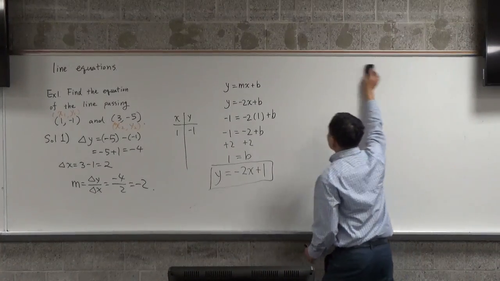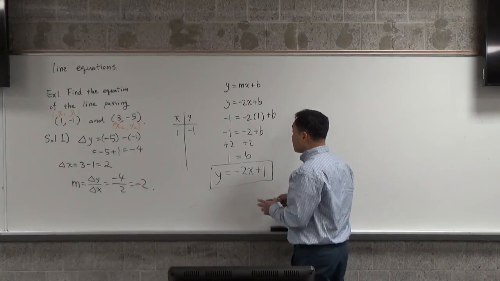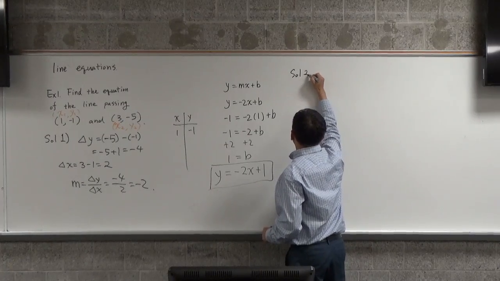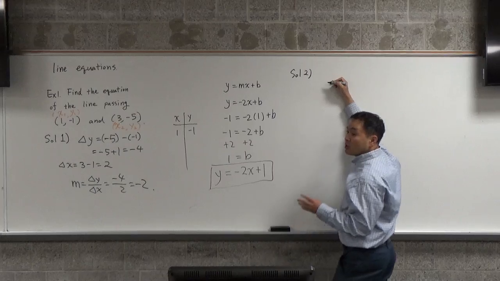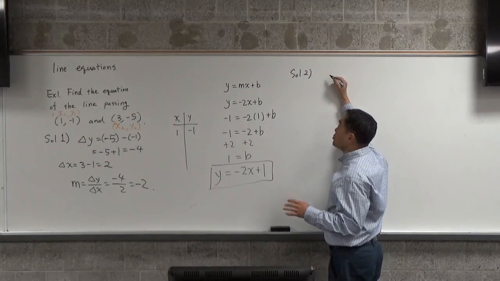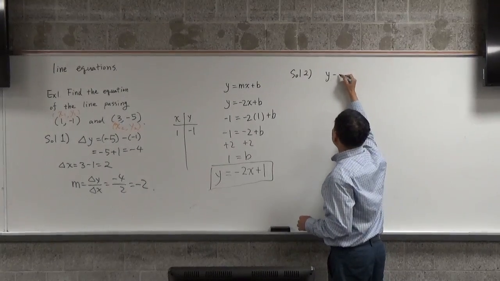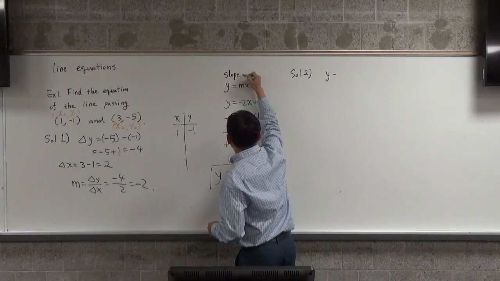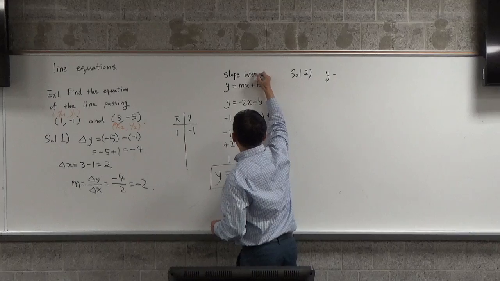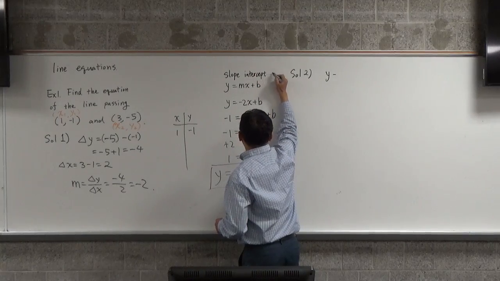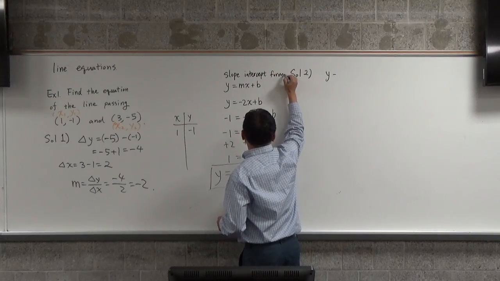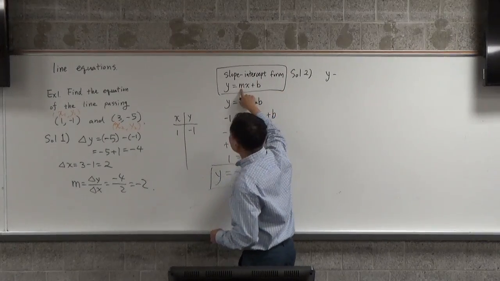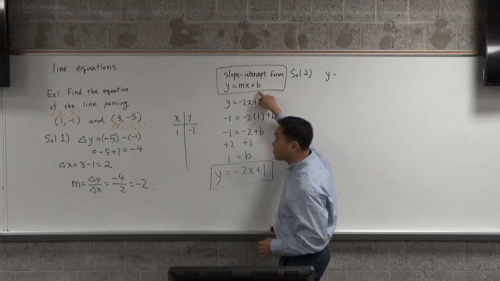And the second solution makes use of a different formula. Solution 2. This one is called the point-slope form. Y minus, oh, by the way, this one is called the slope-intercept form, because it uses a slope and an intercept, okay?